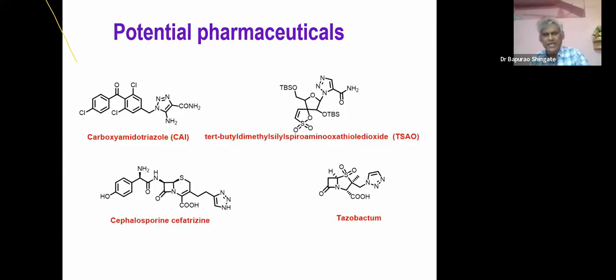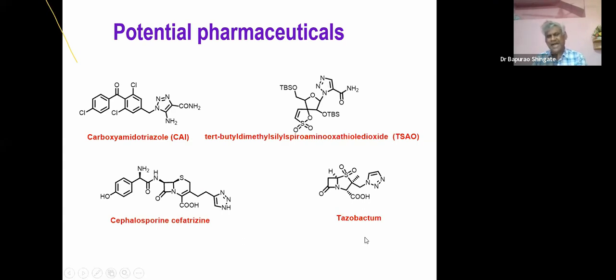As I told you, 1,4-triazoles are in the market as antifungal agents. However, there are several potential pharmaceuticals available in the market having a 1,2,3-triazole system. See the drug CAI having 1,2,3-triazole, as well as TSAO having a 1,2,3-triazole system.